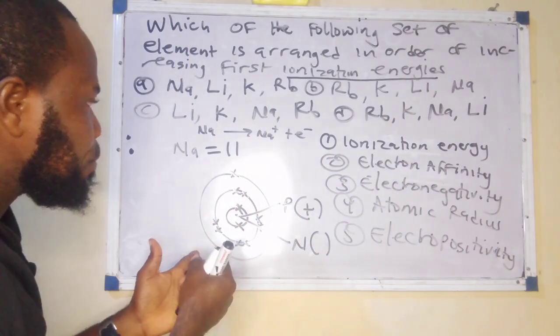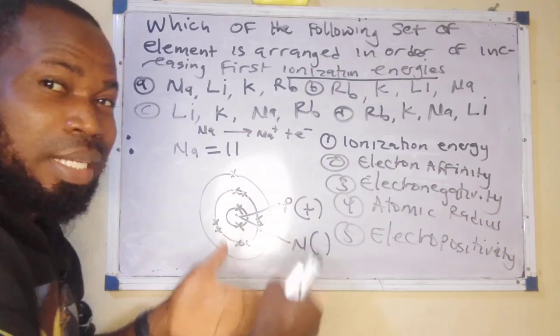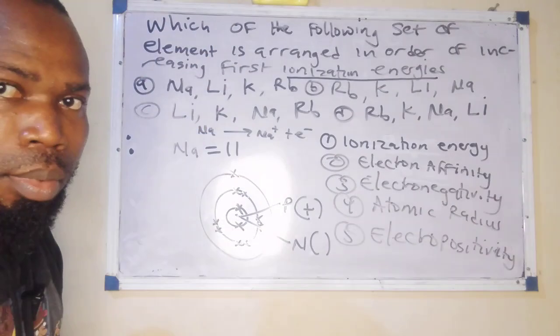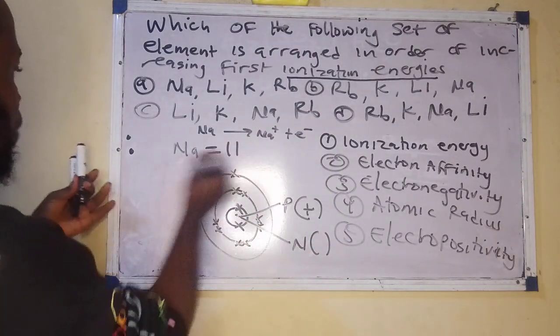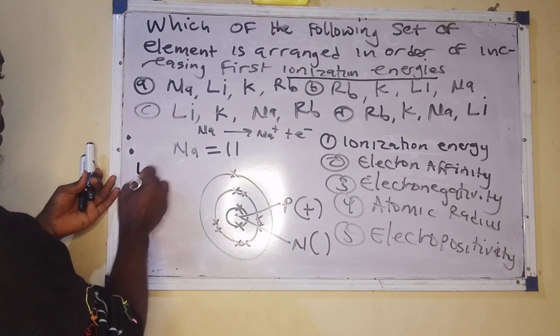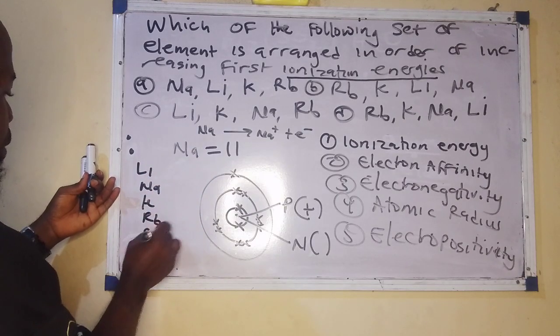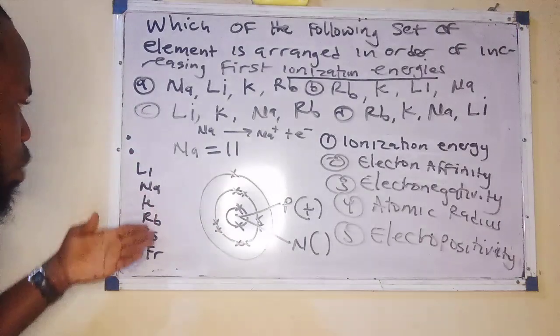That means if I'm moving from group 1 to group 2 to group 3 to group 4, ionization energy increases. But if I'm moving from top to bottom, for instance, these are the elements in group 1: lithium, sodium, potassium, rubidium, cesium, and of course francium.